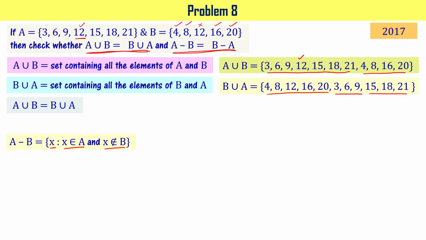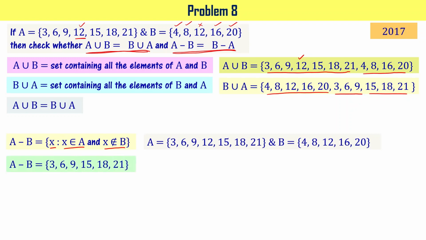Right? We know the values of the elements of A and B. Now let's write A minus B. A minus B is going to be the set containing elements that belong to A but do not belong to B. 3, 6, 9 belong to A only, but those are not there in B, right?